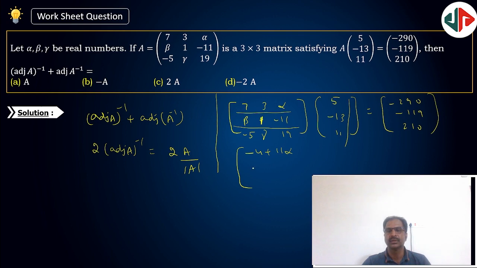Next, 5 beta minus 13 minus 121, minus 13 minus 1, minus 134.